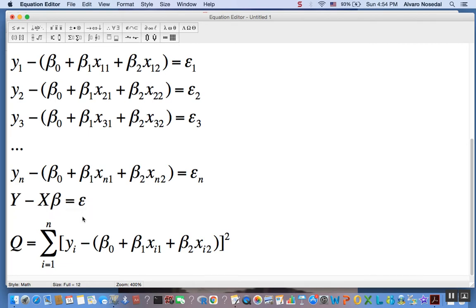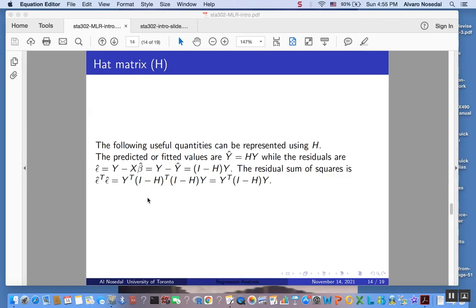The vector of residuals is obtained like this: the difference between y minus x beta. Once we have our estimate of beta, we have our predicted value y hat, and then the difference y minus y hat is going to be an estimator of epsilon. That's why we have the hat here, okay?